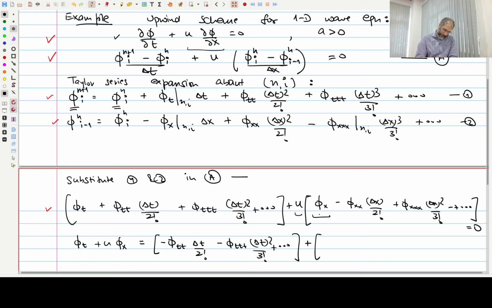This phi x is here, minus phi x becomes a positive phi double x, sorry, times delta x, but there's also a u multiplied, so this is u times delta x, then we have a negative. So this is always alternate positive and negative terms.